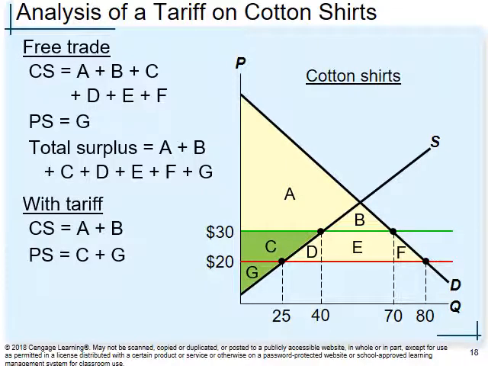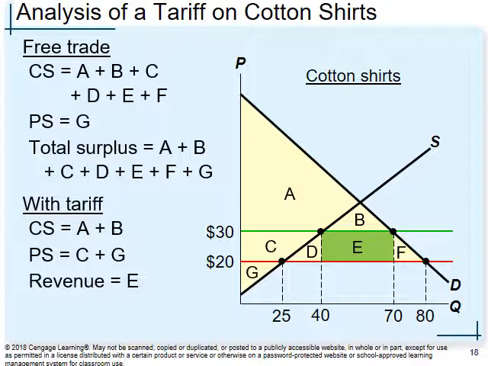And producer surplus is the area C and G. And the government is receiving revenue, which is shown in the area E, and that's basically the 30 quantities of shirts imported multiplied by 10, so it's $300 that the government will receive from imposing this tariff.